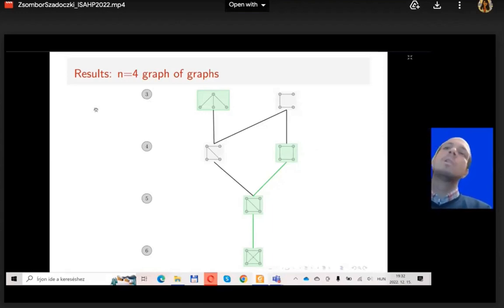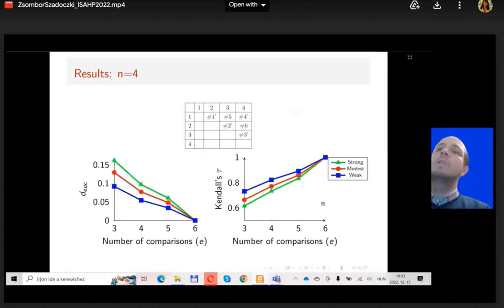Now, of course, this case is actually not that interesting because we only have a few options here. But hopefully this will help you to understand the latter cases. Yeah, and of course we can create tables about our results. So this table shows which two elements should be compared first, and then second, and third, and so on.